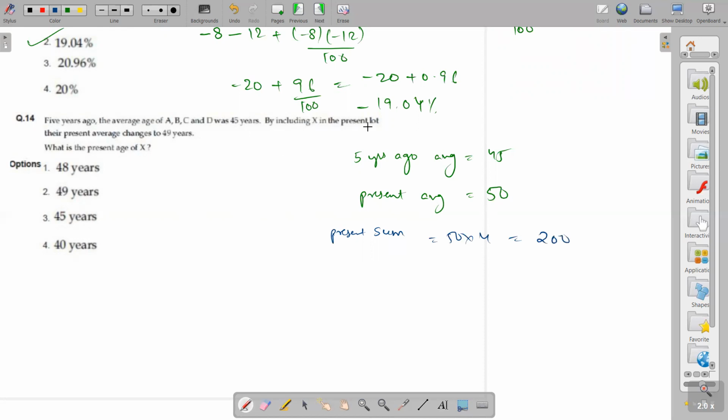By including X in the present group, the present average changes to 49. So the new sum will be 49 into 5. 5 nines are 45, 5 fours are 20, so 245. We have to find the present age of X. The present age of X will be 245 minus 200, so 45 is the answer.